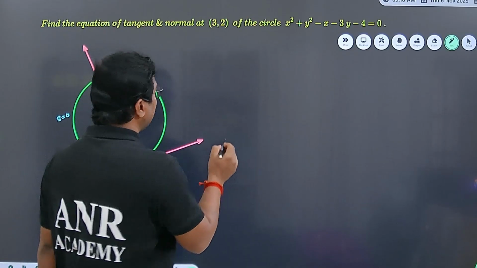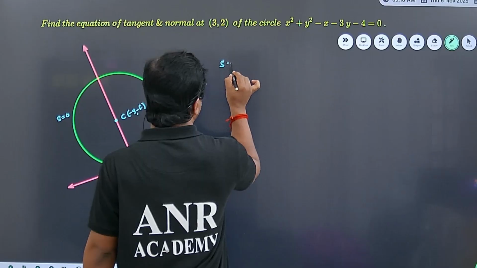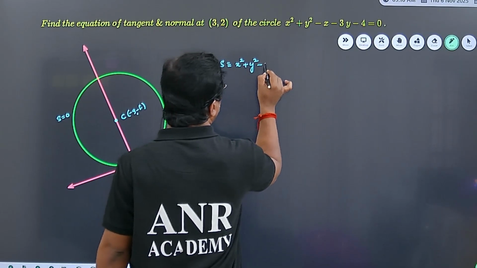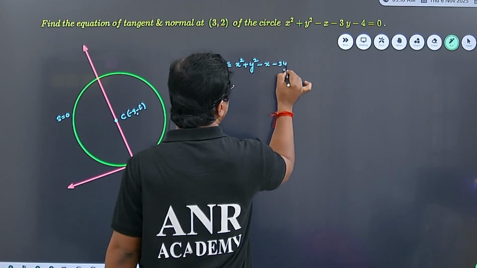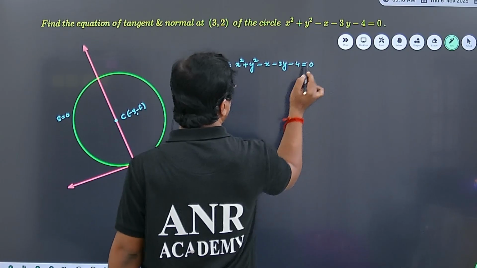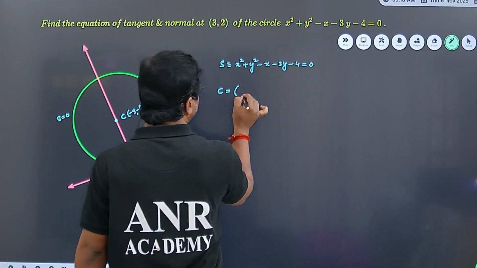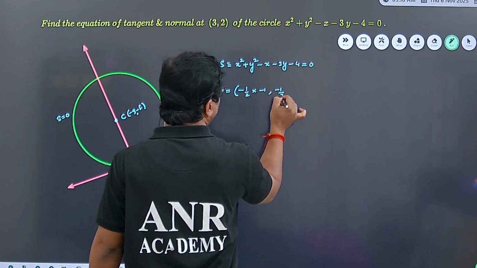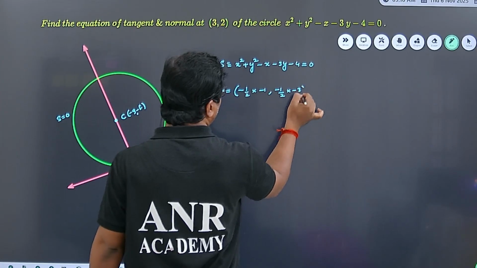And from the given circle, since S is x square plus y square minus x minus 3y minus 4 equal to 0, center can be written as minus half into coefficient of x, minus half into coefficient of y.